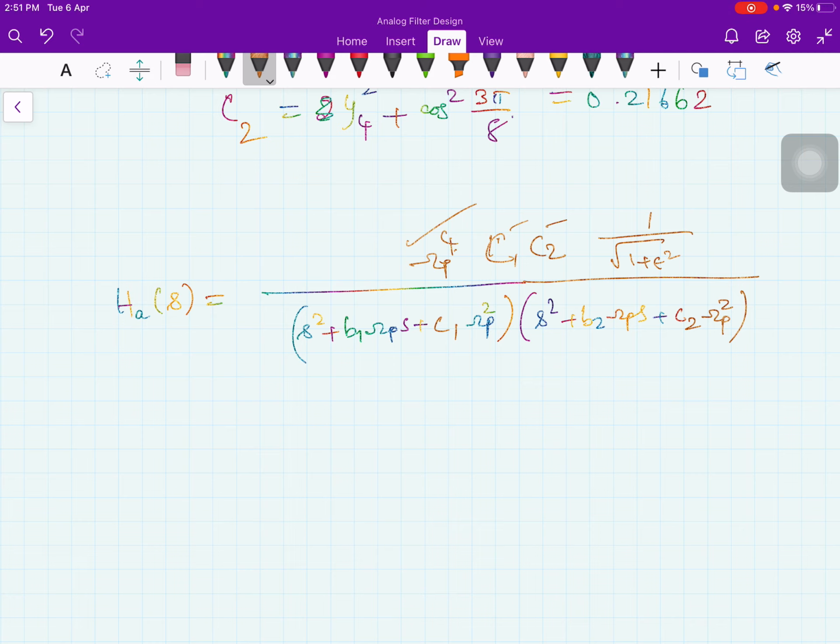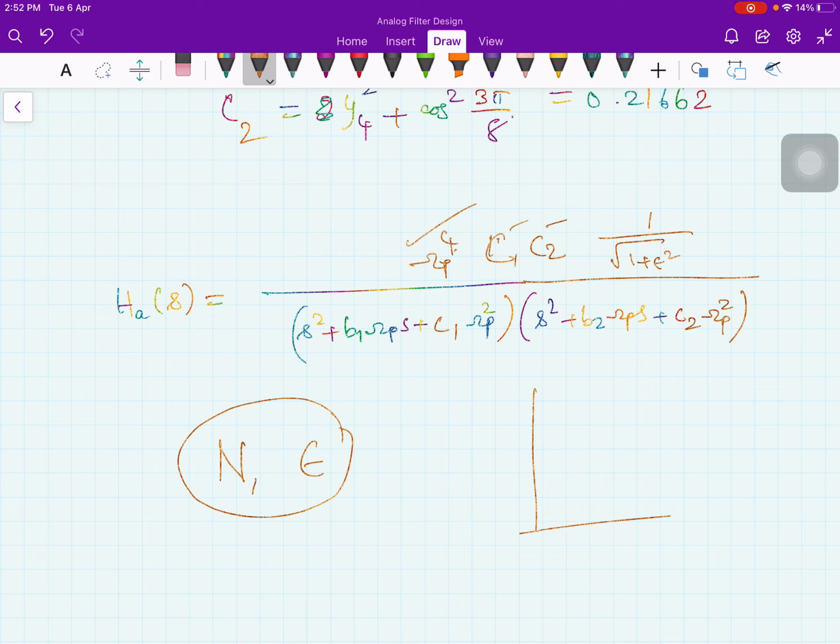So let me stop at this point. In the next lecture we will see how to find out the order of the filter and epsilon, that is, how to find capital N and epsilon from the given specifications. Generally the designer will not be given the order and epsilon. It is his job to find out the order and epsilon from the given specifications.